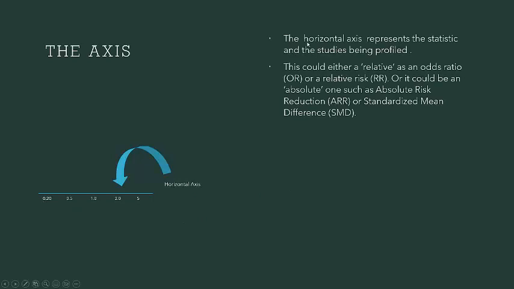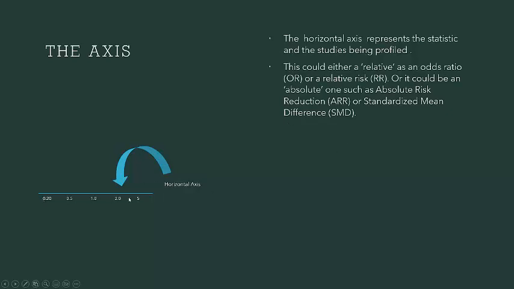On the horizontal axis, it represents the statistic for the studies being profiled. This could either be a relative one, such as an odds ratio or relative risk ratio, or it could be an absolute one like absolute risk reduction ARR, or standardized mean difference.